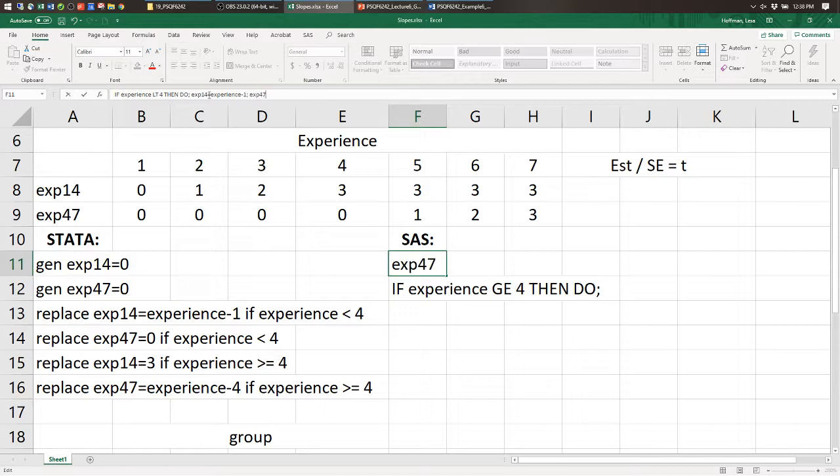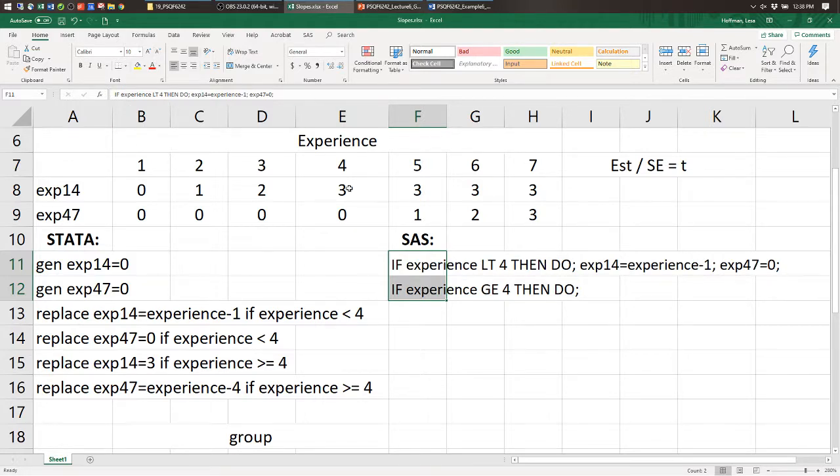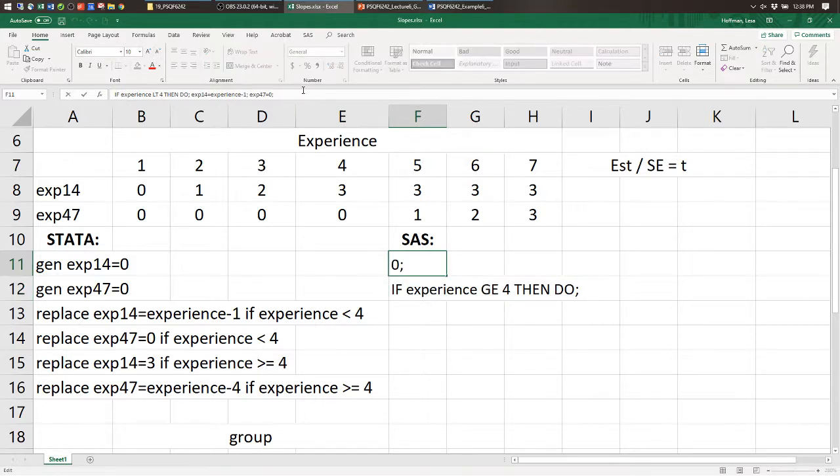Experience 4 to 7 equals 0. Boom. That is what it should be. And then we need an end to shut off the do.